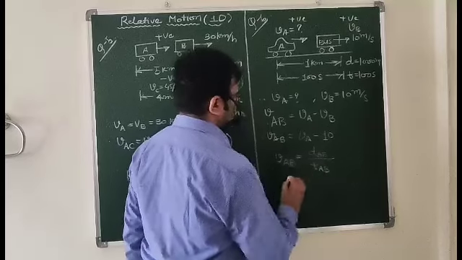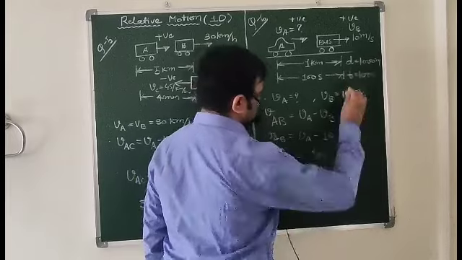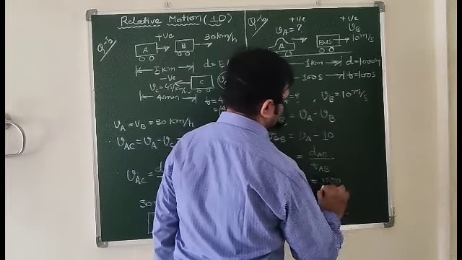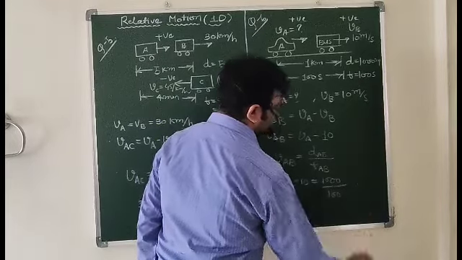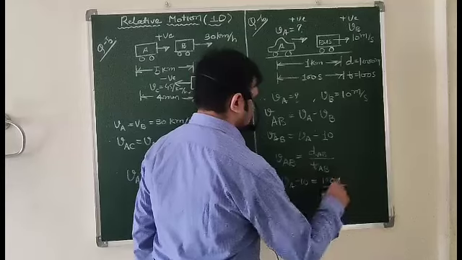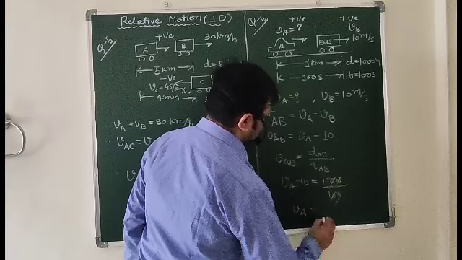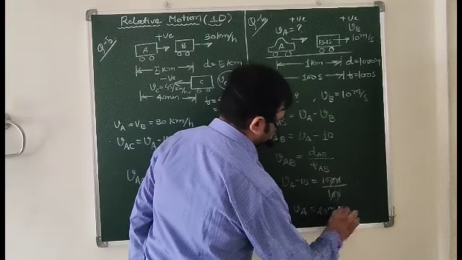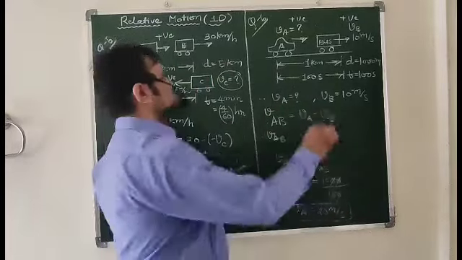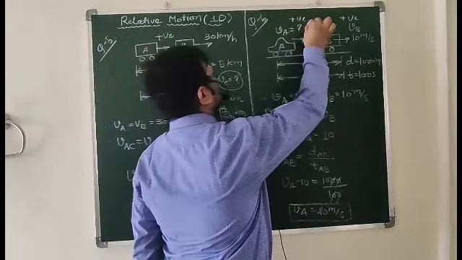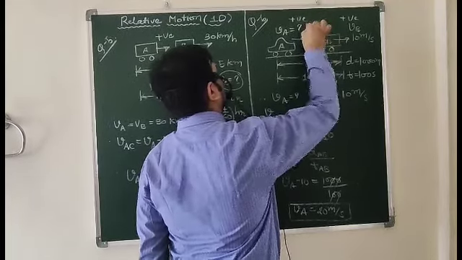So VA minus 10 equals 1000 meter divided by 100 seconds, so VA is 10 plus 10, 20 meter per second. So ultimately the velocity of scooter A is 20 meter per second.